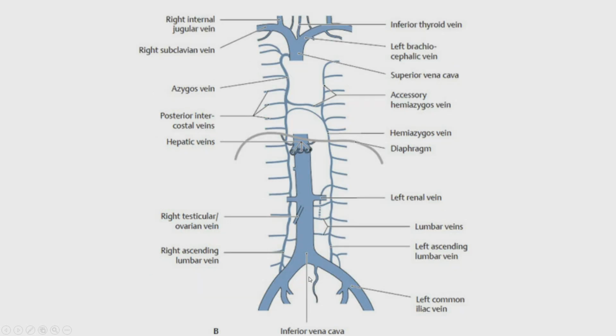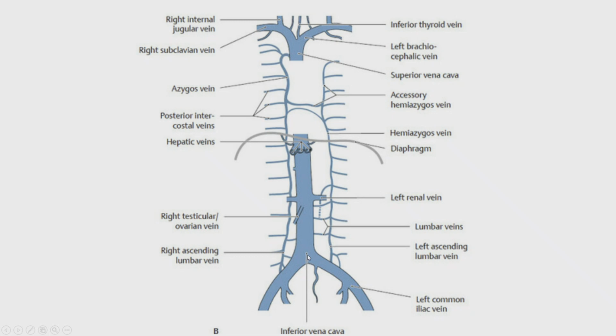The inferior vena cava is formed by the junction, or the union, of the left and right common iliac veins, at the level of approximately L4, the fourth lumbar vertebra.